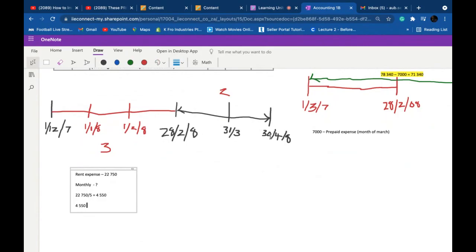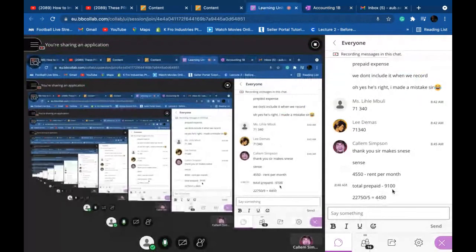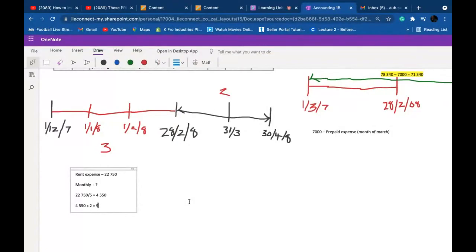Callum, I know you calculated this earlier: 2 months times the 4,550, and we arrive at the 9,100. I just wanted us all to understand how we arrived at that 9,100.